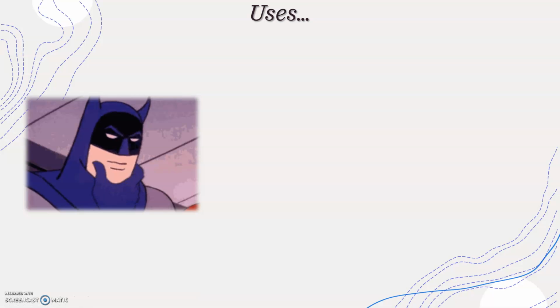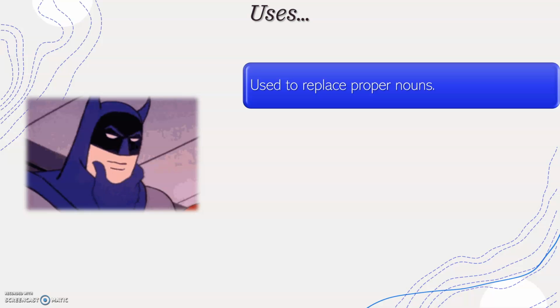Now let's discuss the uses of subject pronouns. First of all, we can use subject pronouns to replace a proper noun. For example, instead of saying Maria is my teacher, I can say she is my teacher.